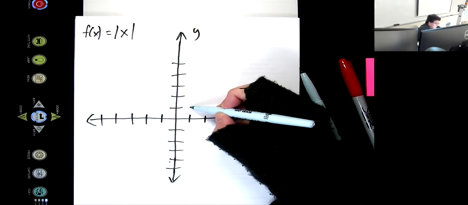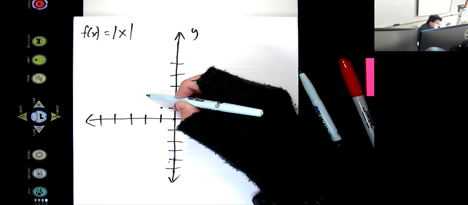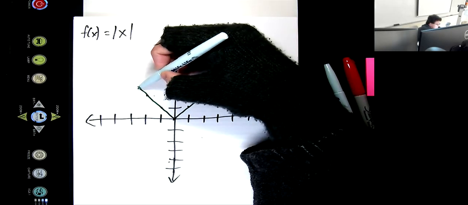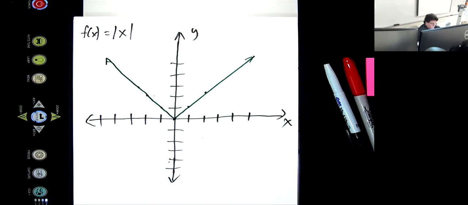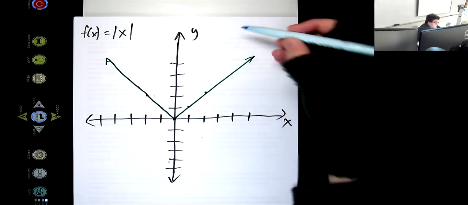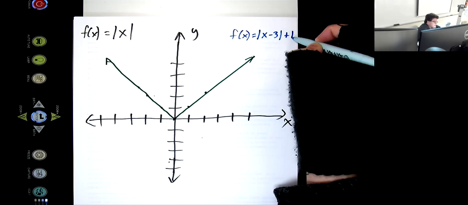For the absolute value, it makes a V. And then if I do any translations to it, like let's take a look at f of x equals the absolute value of x minus 3, plus 1.